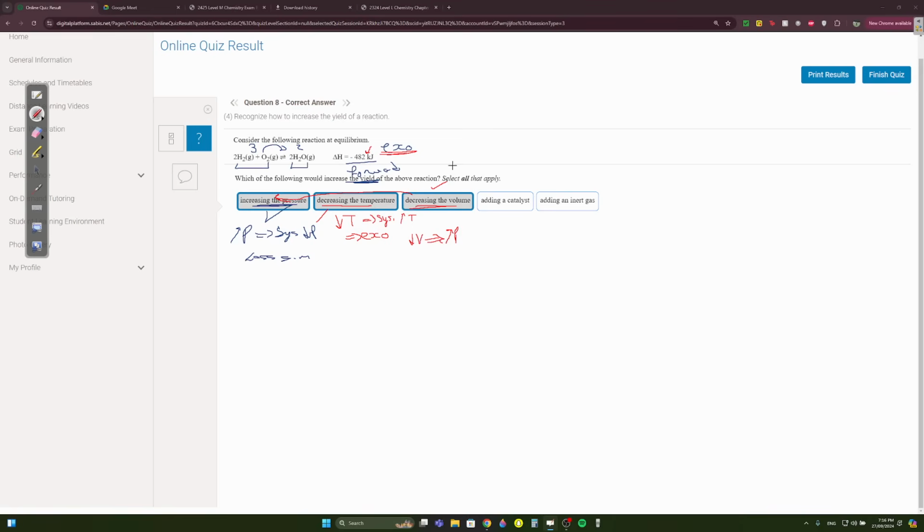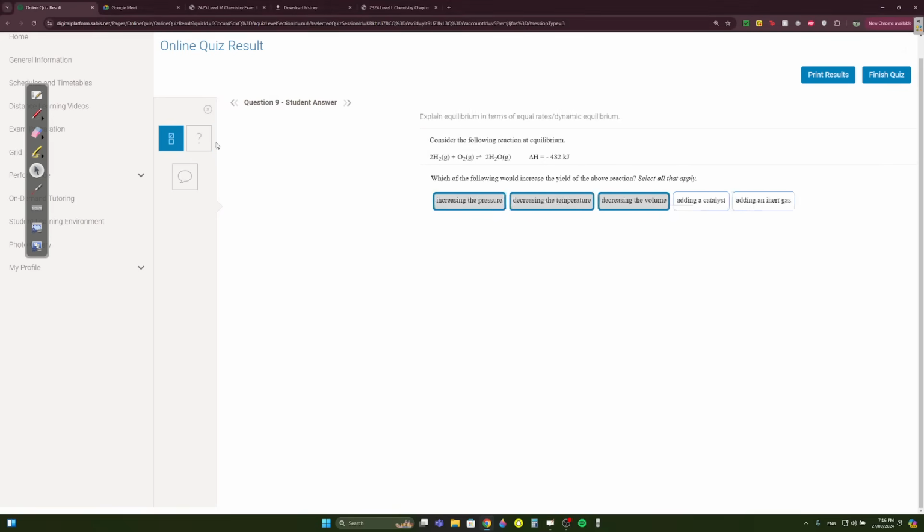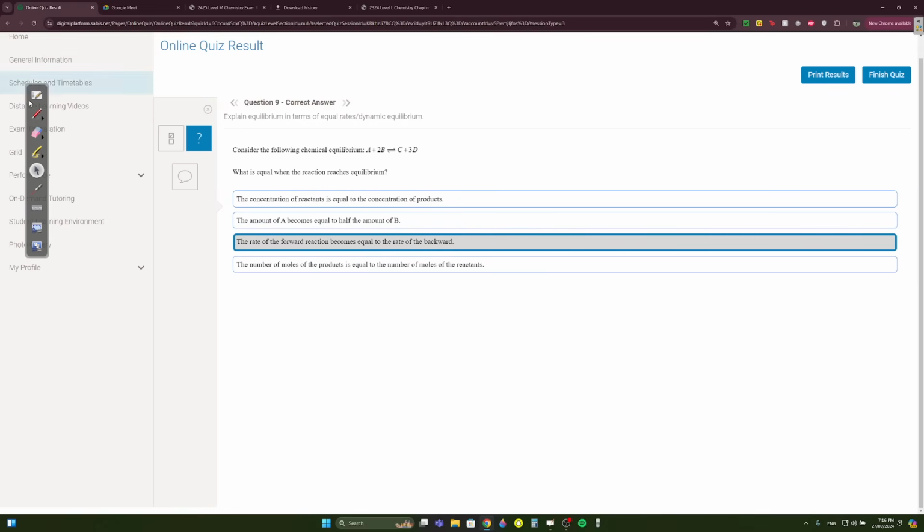They're directly the same thing. No need to prove it, I just proved it in part A. Adding a catalyst, surely not. Adding inert gas, no. The catalyst doesn't affect the equilibrium, neither does the inert gas. Okay, A plus B, whatever.